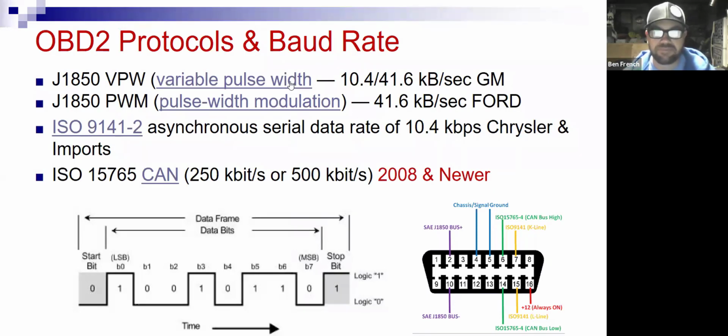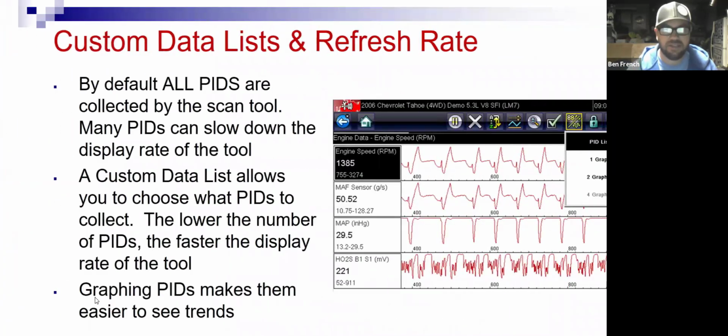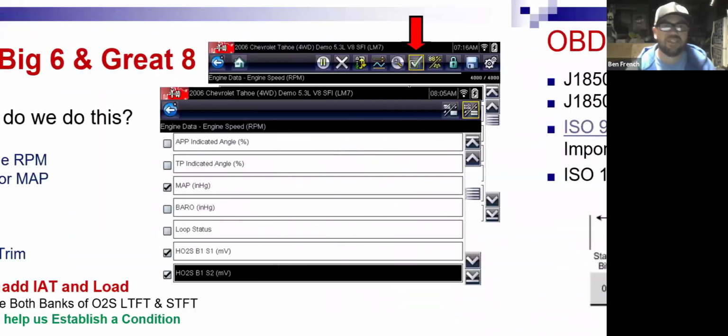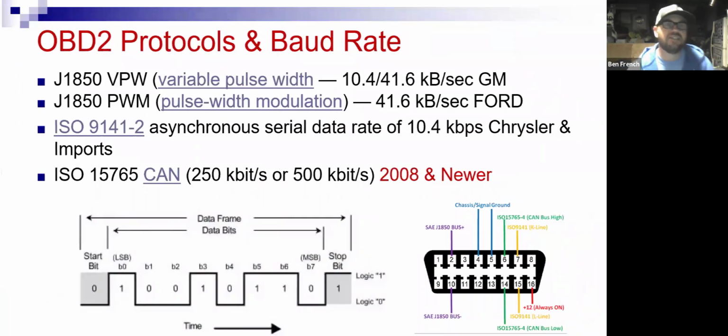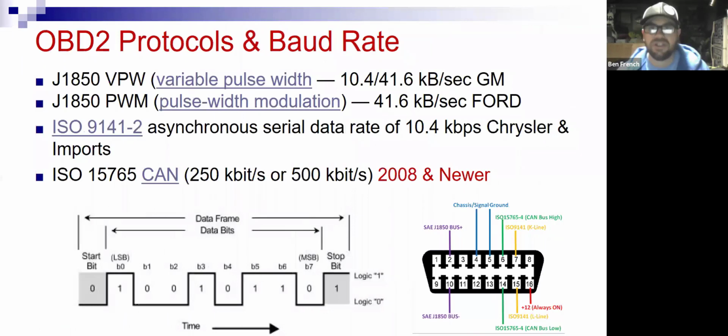All right, so back to this thing on the custom data lists. And actually, let me go back a slide. The custom data list is even more important on an older vehicle. Why? Because of the communication protocols and what that protocol's baud rate is.